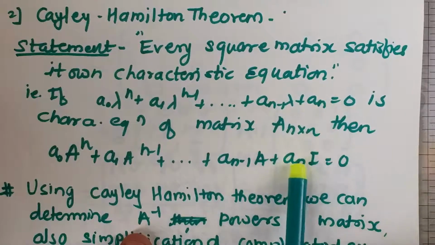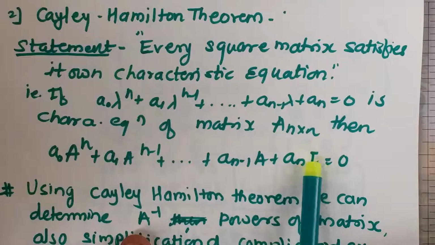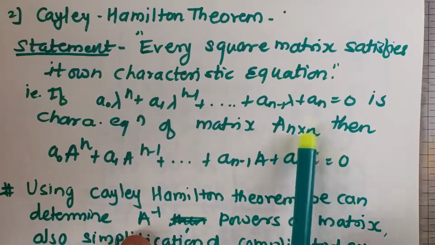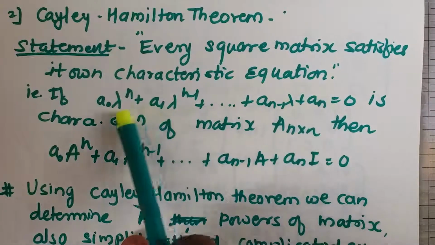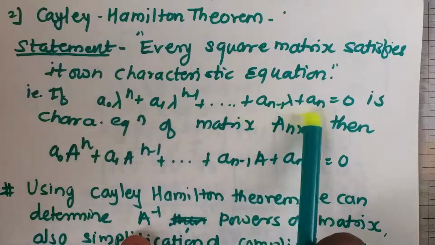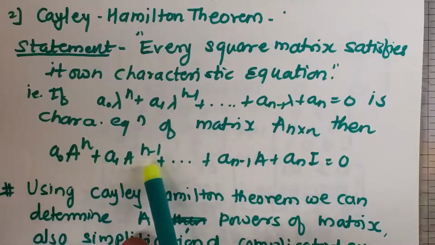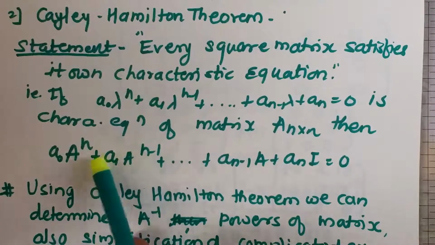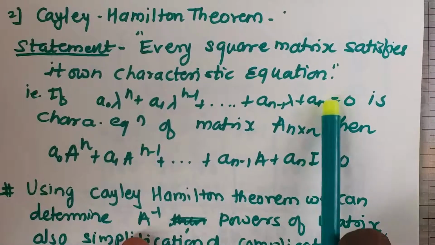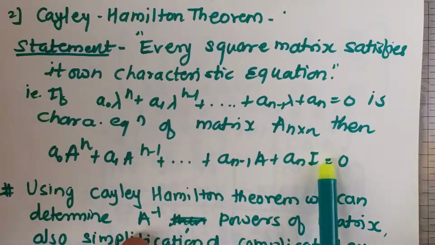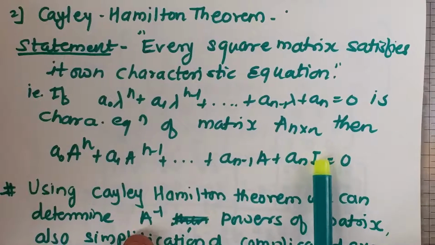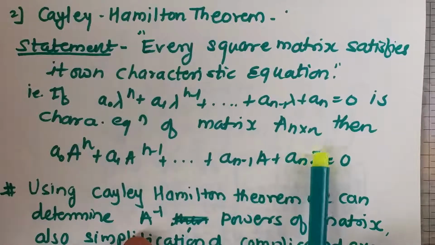So the coefficient of that constant term must be the identity. Here the coefficients are numbers, but now we have matrices. So instead of 1 we'll have the identity matrix. Only that thing you need to understand.